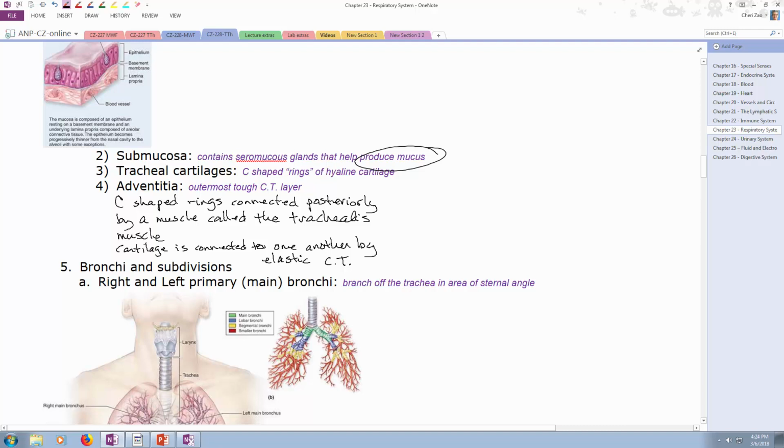I left a little room off the side because I want to make a little drawing of a tracheal cartilage here. So let's make a little C-shaped guy here. And let's go ahead and put a trachealis muscle back here. And then behind that, let's go ahead and put our esophagus back here.